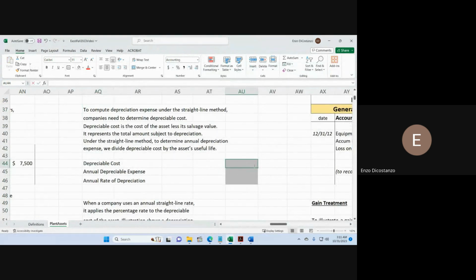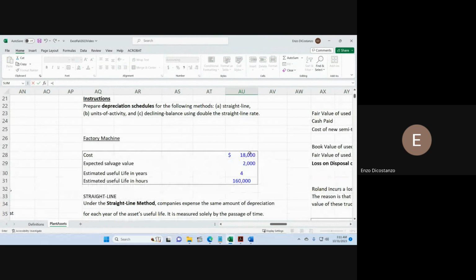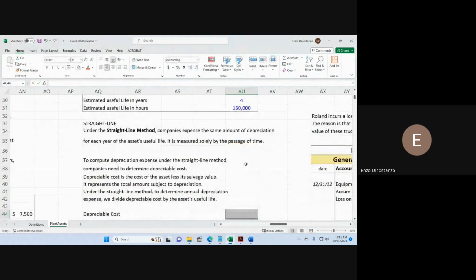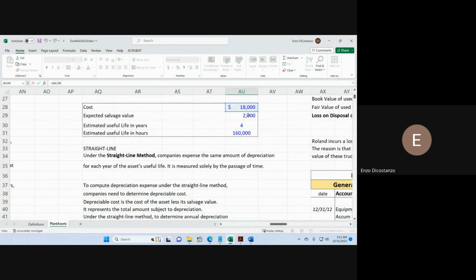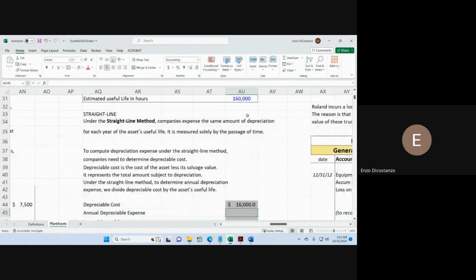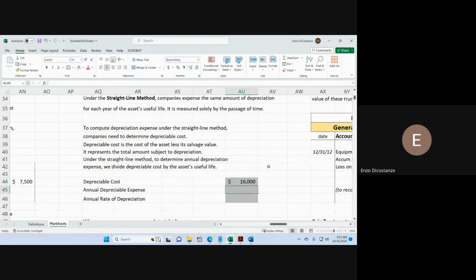So the cost is going to be equal to the 18,000 minus the 2,000, so it's 16,000. The annual expense is just that divided by 4.